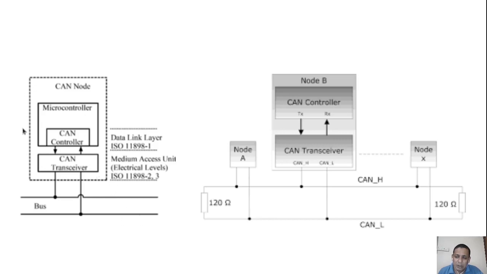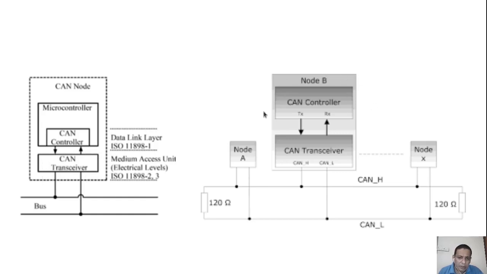So this is the schematic of a single CAN node. In one node there will be a microcontroller, and there will be a CAN controller for controlling this data to the transceiver. The CAN transceiver is actually converting the data into a differential mode signal.